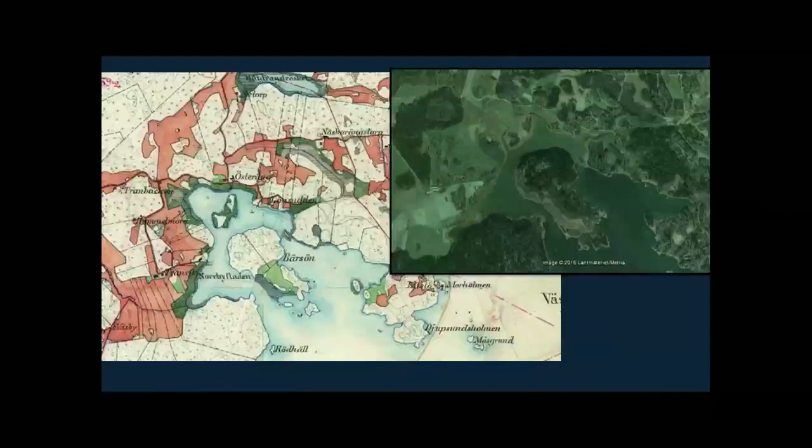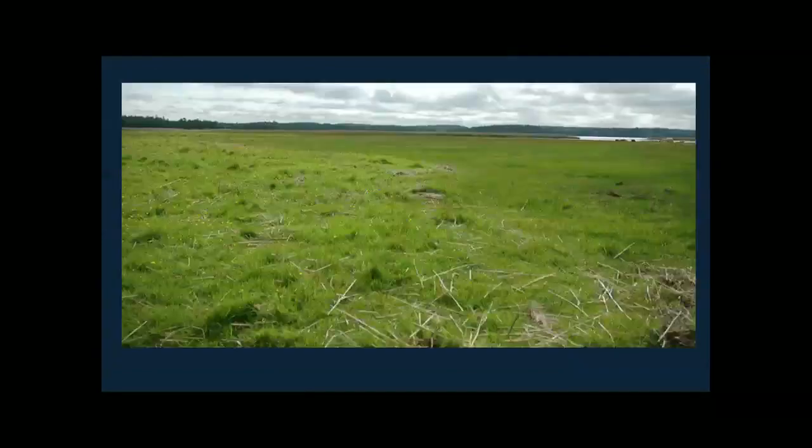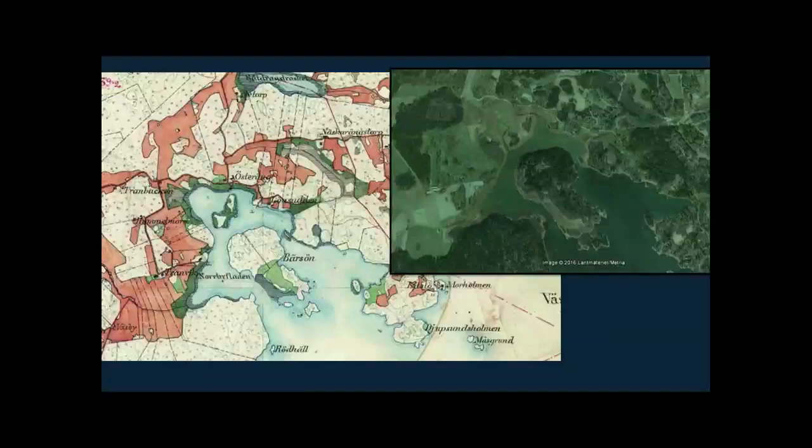And first, to pick the shore meadows, we have an old historical map from 1901. The green on the map is the old shore meadows. These were used to collect hay. The pink is arable fields, and the white is grazed outfields or forest.